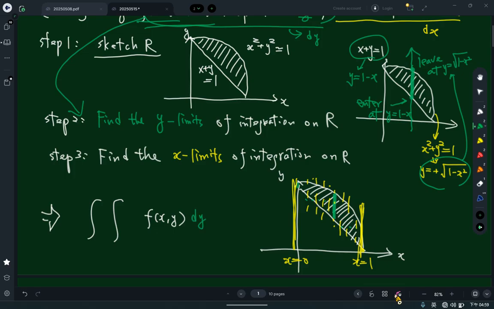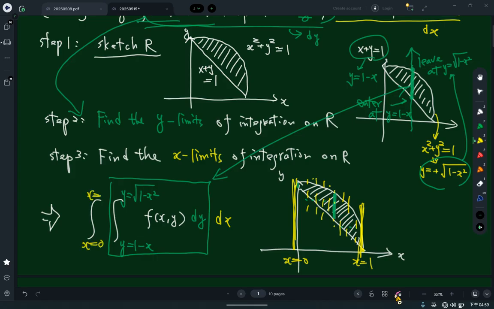So y will be from y equals 1 minus x to y equals the positive square root of 1 minus x squared. This is the first step, right? That is talking about this part. Then dx, from x equal to 0 to x equal to 1.